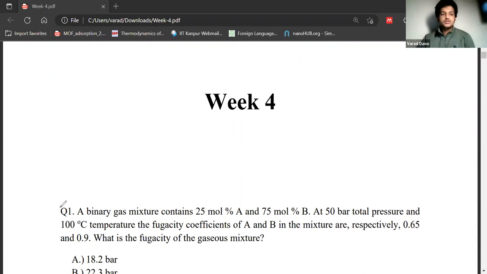So the first question which we have is: a binary gas mixture. Remember, when we say binary, that means it is two components.